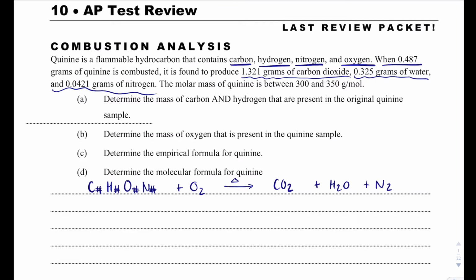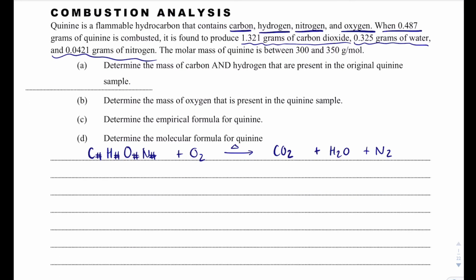This is like an old FRQ question. What we're trying to do is figure out the mass of carbon and hydrogen present in the original sample. So in part A, we'll take 1.321 grams of CO2, and there are 44.01 grams of CO2 in 1 mole of CO2.